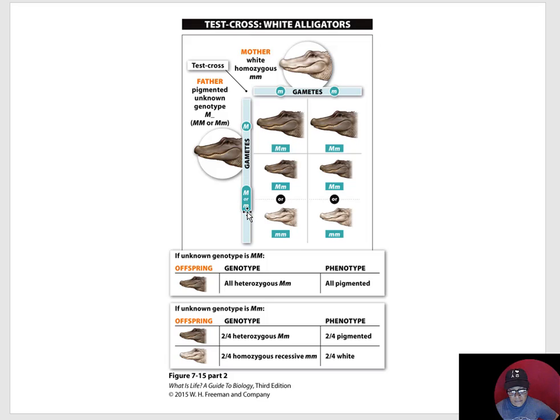However, the recessive allele will end up somewhere in the offspring. And when we see that, then we know that this individual was heterozygous. Okay, so that's what a test cross is, so that you can try to determine what an unknown individual's genotype is for a gene that you are interested in. All right.